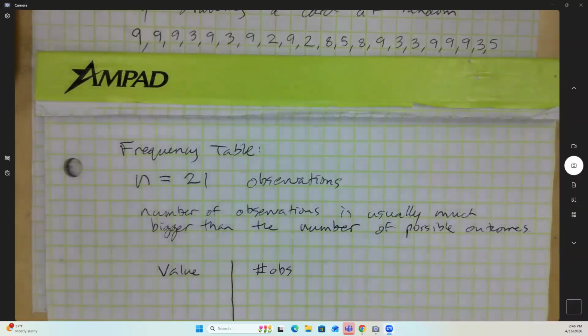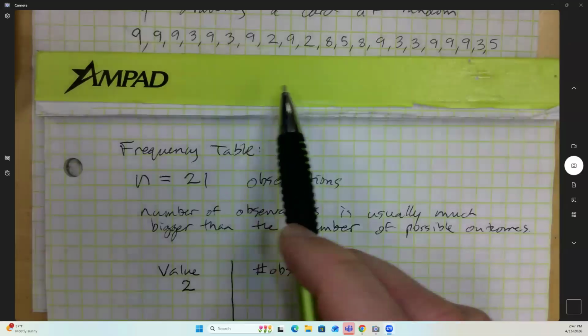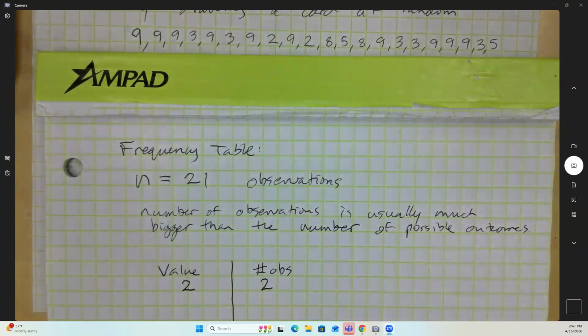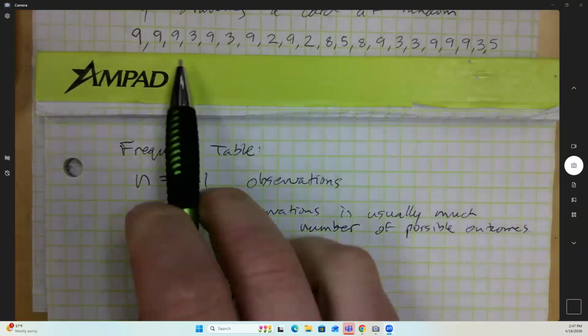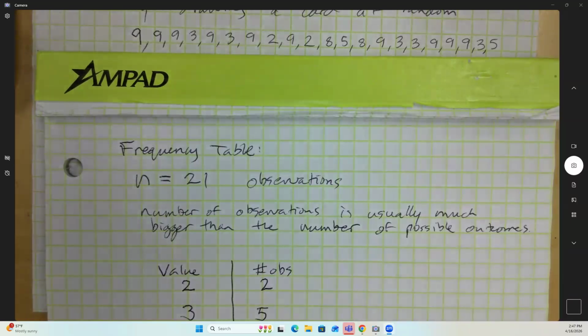So the smallest face value was 2, right? And I see that the number 2 was drawn twice. Next smallest face value was 3. And it was drawn 5 times. Next smallest face value was 5.